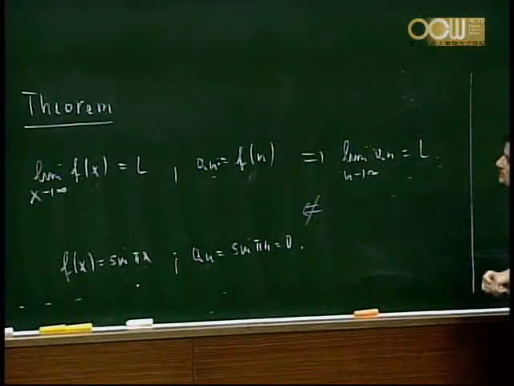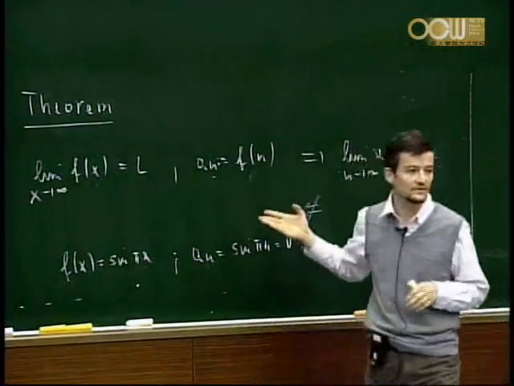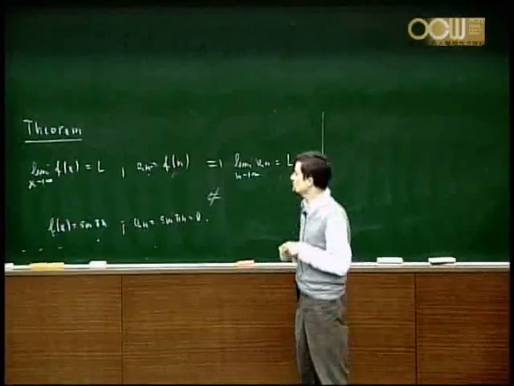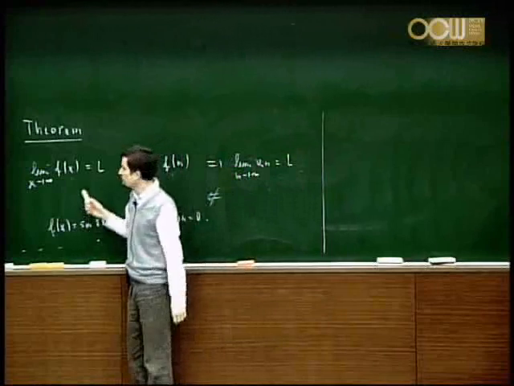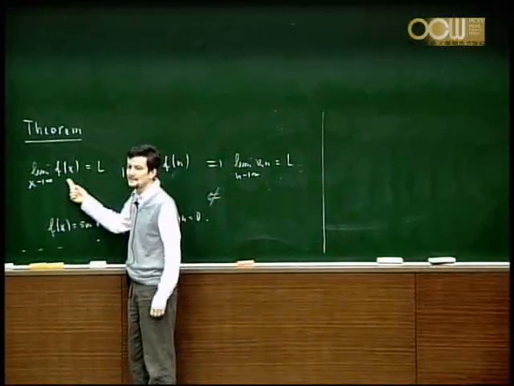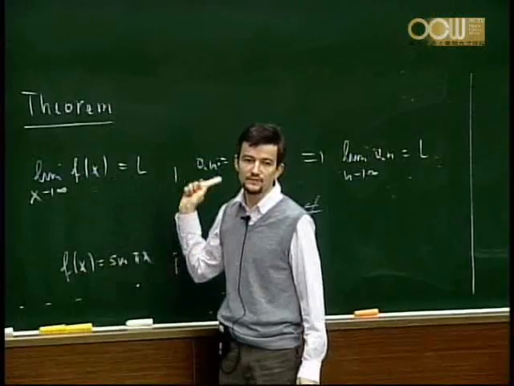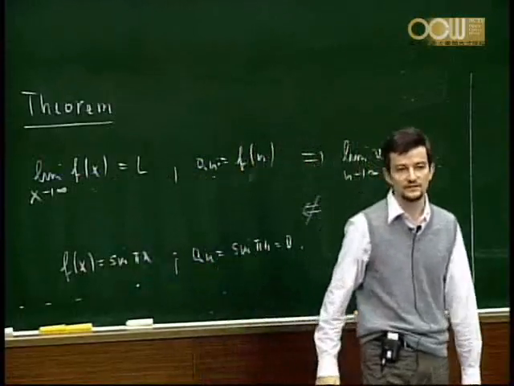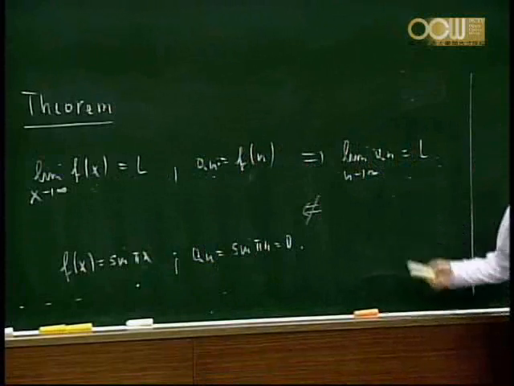Now, you might wonder why I'm stressing this. It is actually quite convenient, because last semester we already figured out, or we understand very well, how to compute limits of functions, and this will help us to find corresponding theorems for sequences.